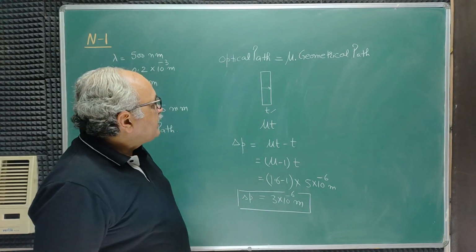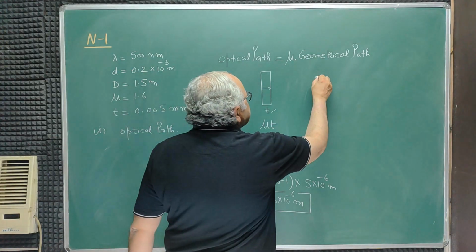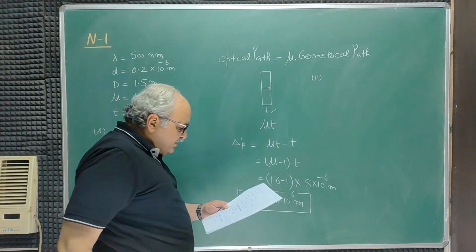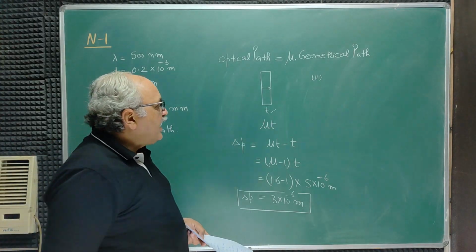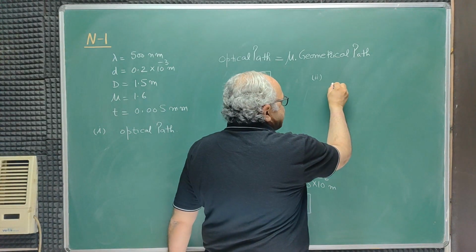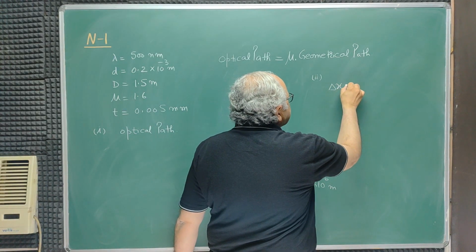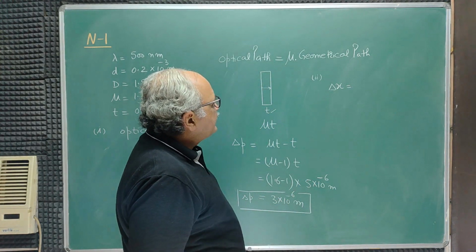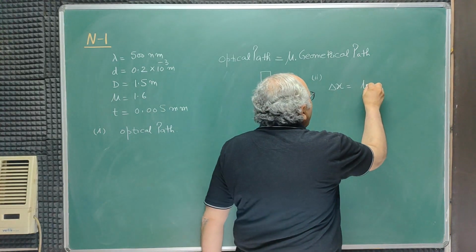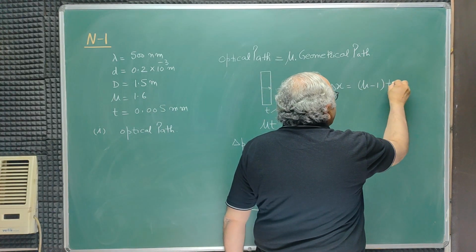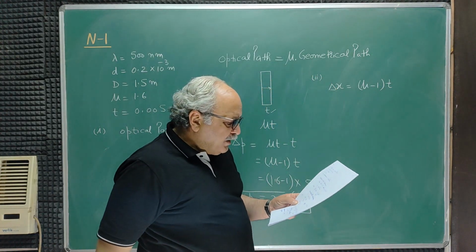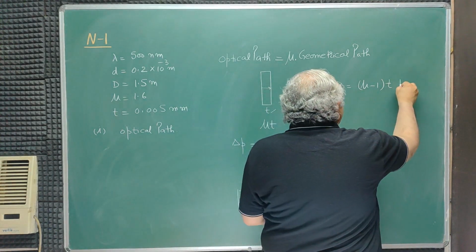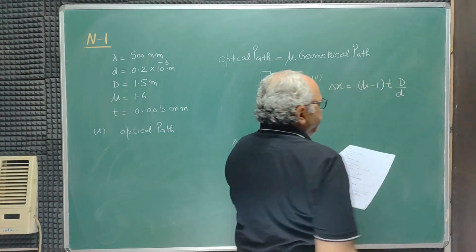The next thing he is asking is how much is the shift, and for the shift we have discussed this point: the delta x, or delta y, you may take any of the signs for it, is equal to (mu minus 1) t multiplied by capital D divided by small d.